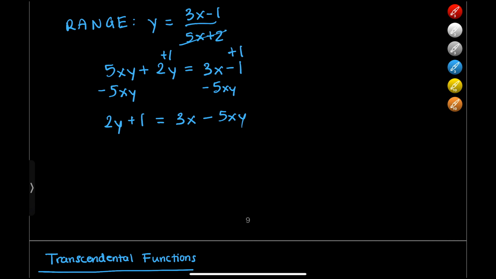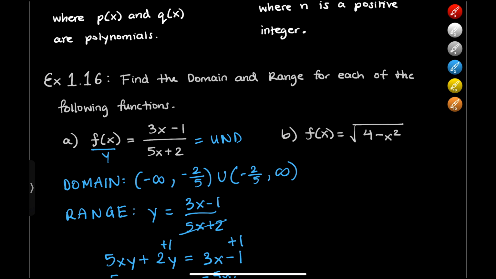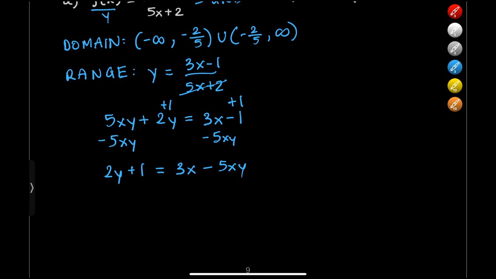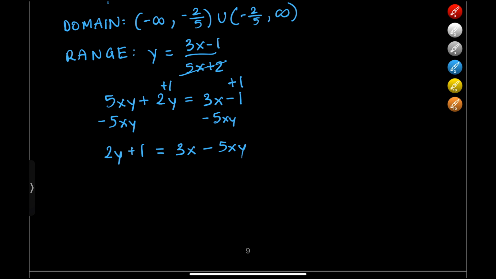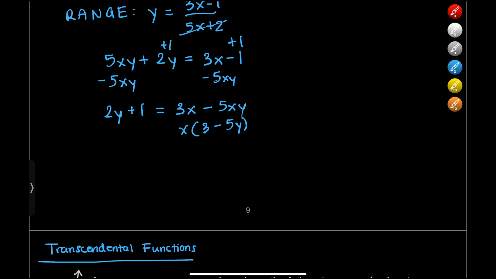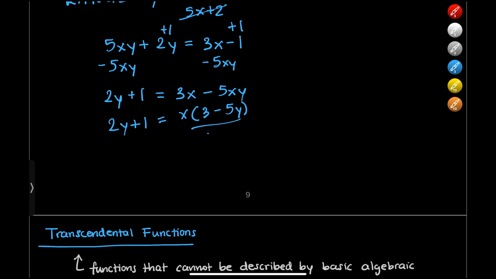Alright. So now we could factor out an x, like that. Then still 2y plus 1 over here. And then we divide both sides by 3 minus 5y.